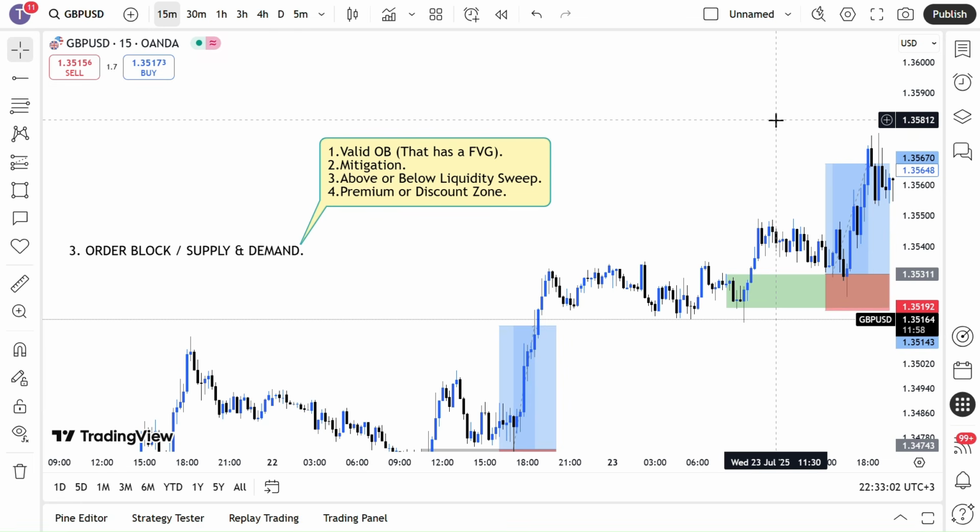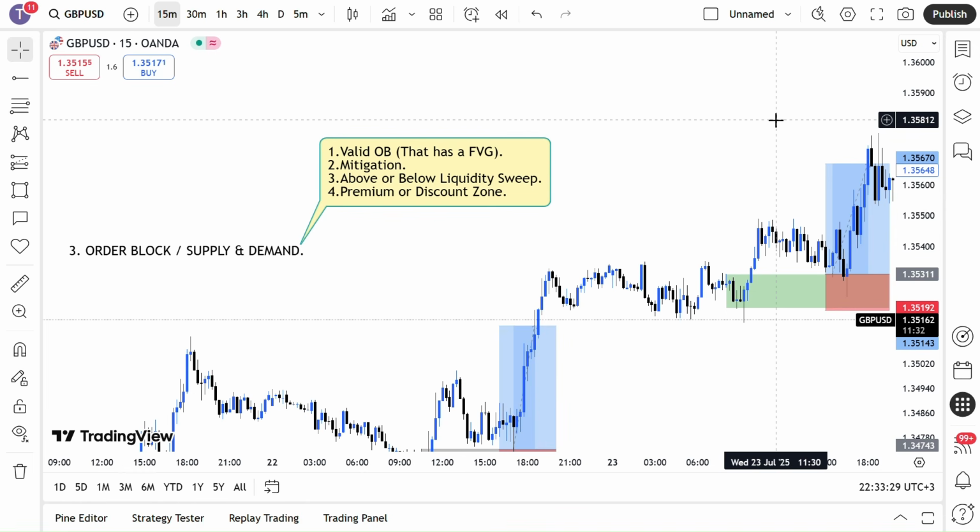Number two, we have the order block mitigation. Is the order block mitigated or unmitigated? The order block should be unmitigated in order for you to take a trade from it. Number three on the point of order blocks, is it located above or below the liquidity sweep?